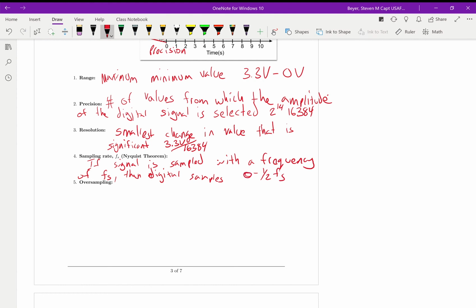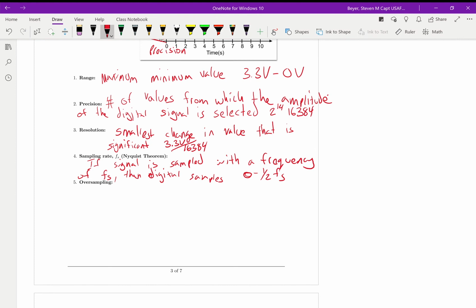And that's to ensure aliasing and all those good things don't occur. And so for us, we're going to sample our digital ADC, I think 0.5 milliseconds. We'll see that later. All right.